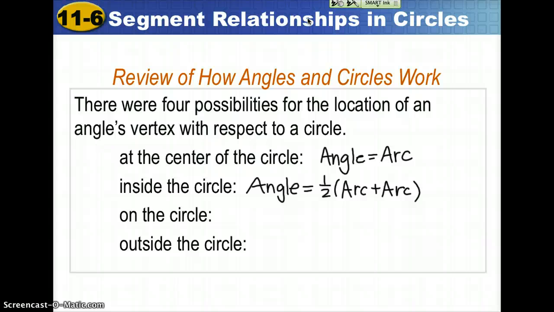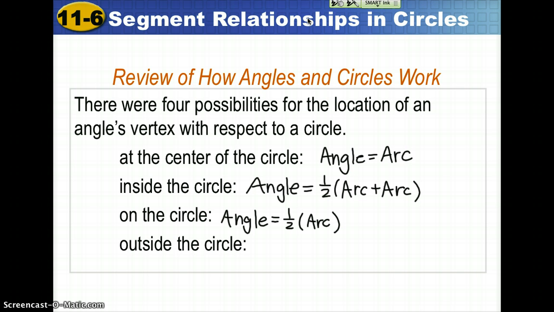If we were right on the circle, remember there were 2 ways we could do that. We could be inscribed, or we could be with just the vertex on the circle with tangent and secant lines coming together right there. And in that case, the angle, whoops, not the arc, my bad, the angle was half the arc. Pretty basic. That one was an easier one.